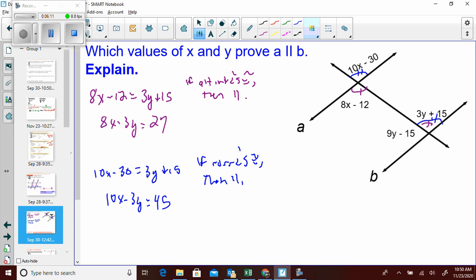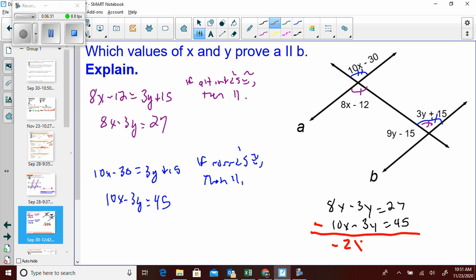So I'm going to solve my system. 8x minus 3y is 27, and 10x minus 3y is 45. Okay. I'm just going to subtract them. Negative 2x, that cancels. The reason I'm subtracting is because they're the same sign.